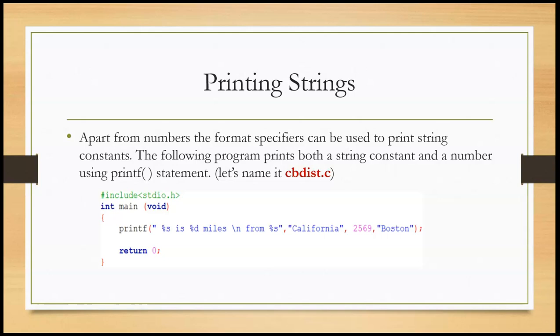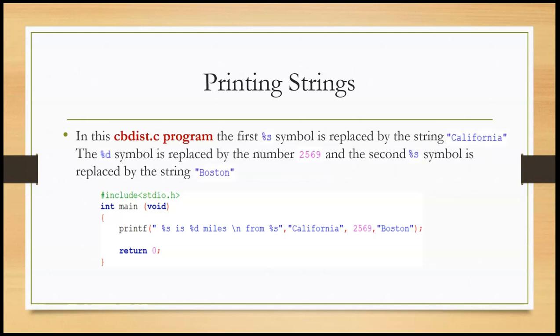Let's name this program cbdist.c. In this cbdist.c program, the first %s symbol is replaced by the string California, the %d symbol is replaced by the number 2569, and the second %s symbol is replaced by the string Boston.